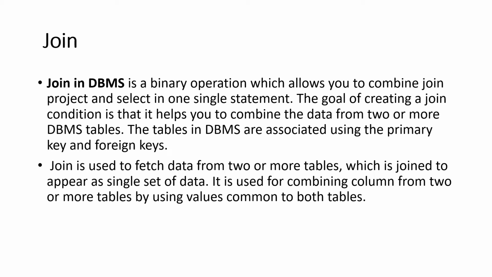These tables are joined with the help of primary keys and foreign keys. Join is used to fetch data from two or more tables, which are joined to appear as a single set of data. It is used for combining columns from two or more tables by using values common to both tables.